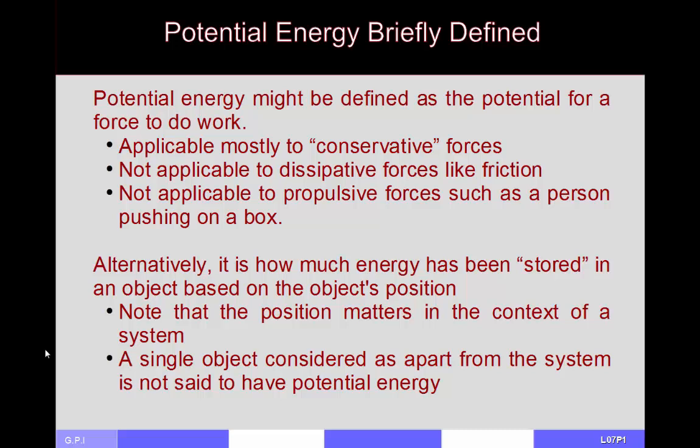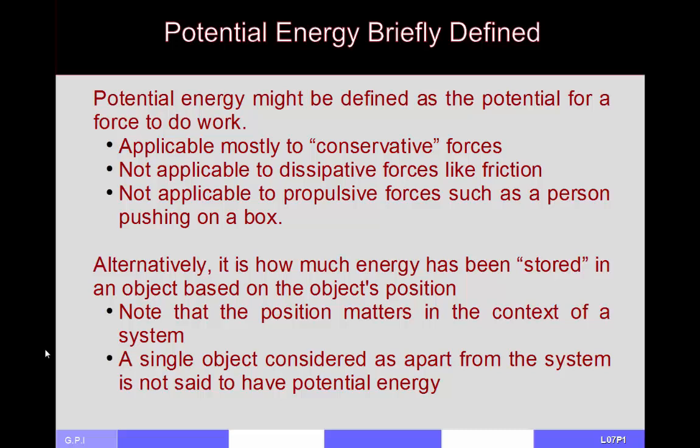And a coordinate system really only starts to make sense if you have more than one object. So usually it will be something like the position of the object which has potential energy with respect to, say, the Earth. Or maybe it's the position with respect to the equilibrium position of a spring, etc.